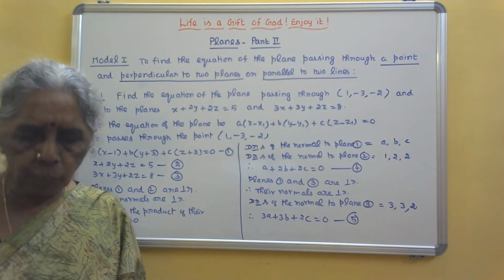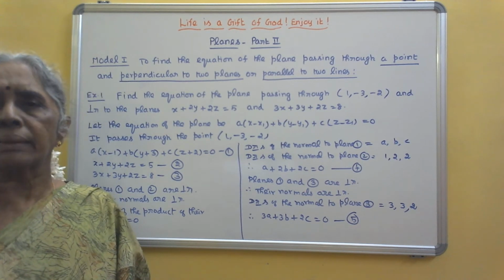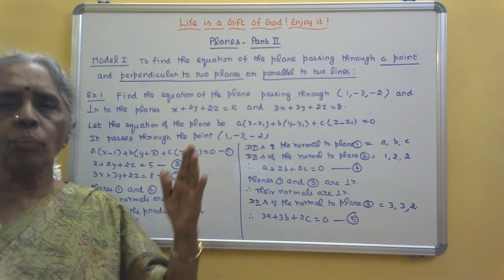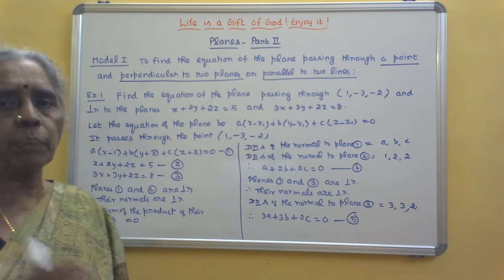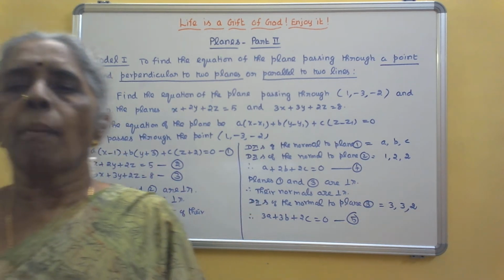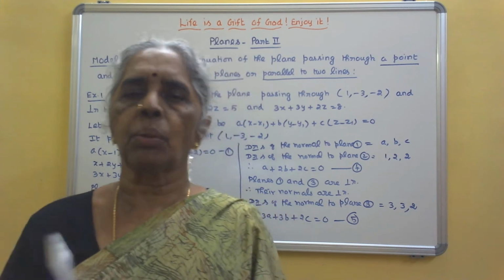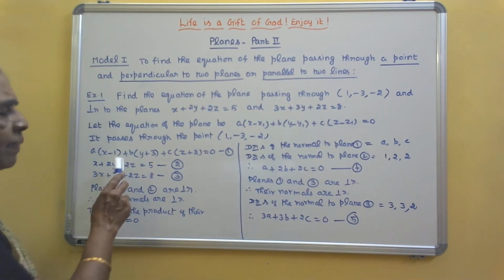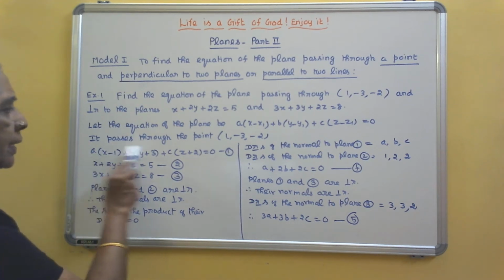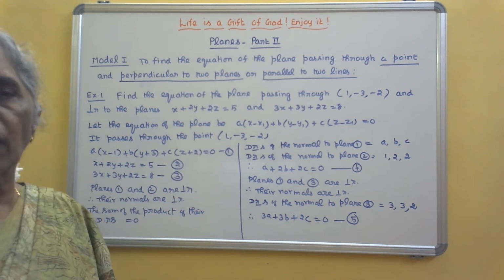Let me explain this quickly once. First, you assume the equation of the required plane: a(x - x1) + b(y - y1) + c(z - z1) = 0. They have given one point. You substituted it in the place of x1, y1, z1. You got this equation that you are marking as 1.